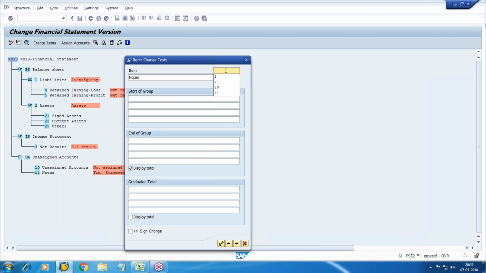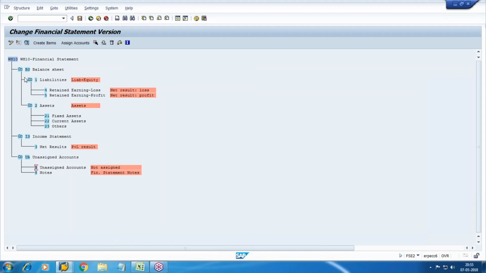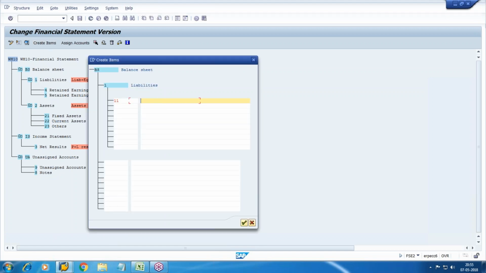Okay, make it 8, 9. Equities, then loans, long-term loans, current liability.